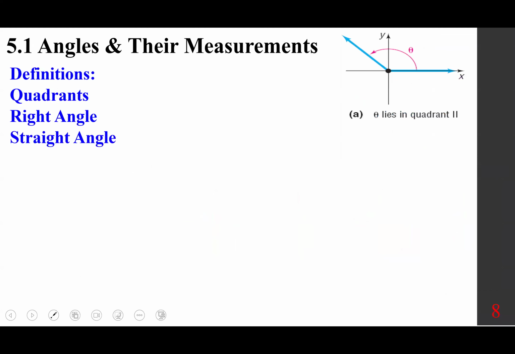All right, we're going to continue with definitions. A right angle, straight angle. Let's see what we have. So as you can see here, and quadrants, this ends up in the second quadrant. Theta lies in the second quadrant. So that's very straightforward. The terminal side is in the second quadrant.